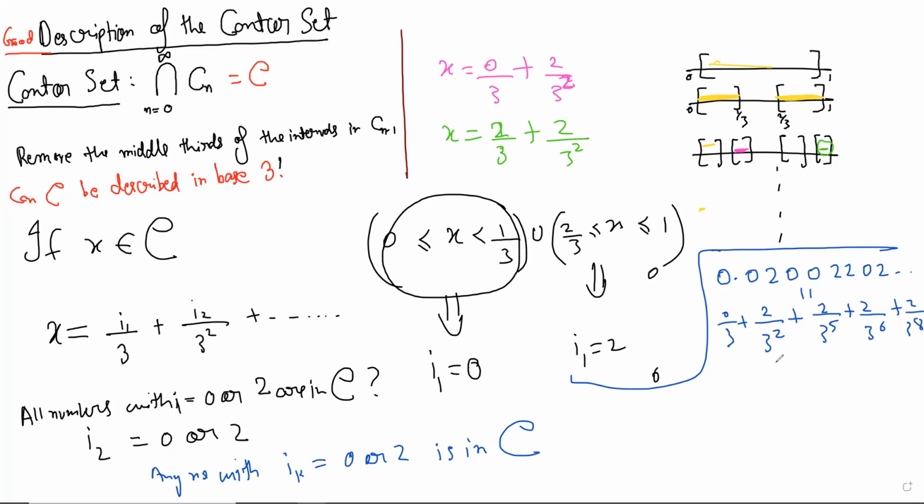How can you get this number? Can anybody quickly describe how you can find it in the Cantor set? Like what boxes you have to jump, how do you have to choose, how to go down? This entire number.